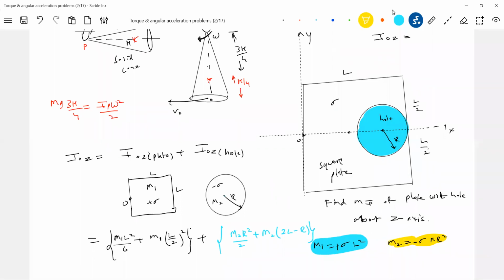So you have to bring in this idea everywhere. I can bring this in a sphere, I can bring it in a cone, where I can put a spherical cavity. Then as usual, from the moment of inertia of the cone you subtract the moment of inertia of the spherical cavity about this axis. This is very popular. You feel it is very easy, but in one year's exam there were 7 cavity problems. Cavity problems you have already seen in center of mass.